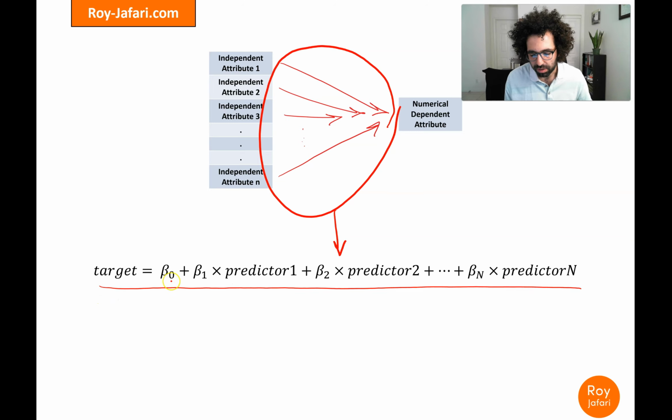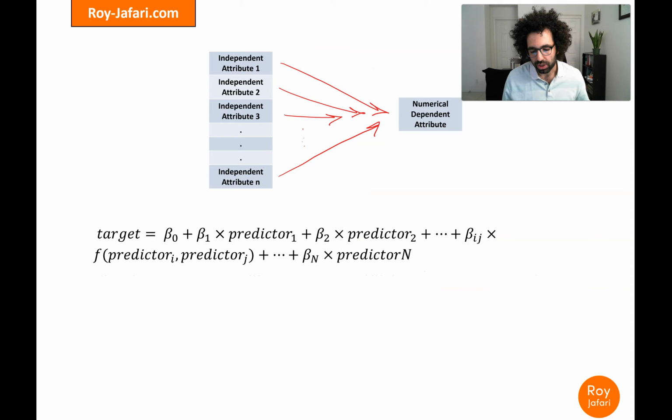So we have beta 0, beta 1, beta 2, up to beta n for our n attributes, but all of these are linear terms. We haven't added anything non-linear to this equation. And as long as we keep it that way, with no non-linear term in the equation, it is still a linear regression. We move to non-linear regression when we add non-linear terms.